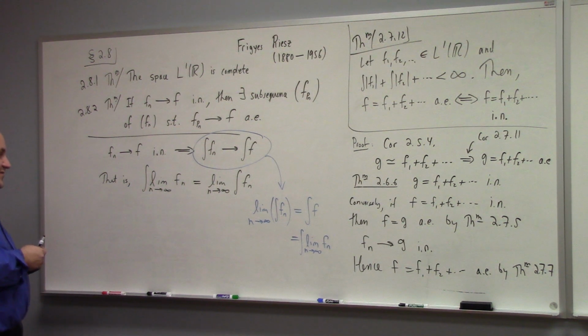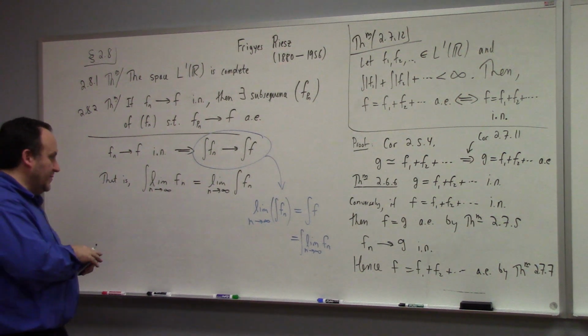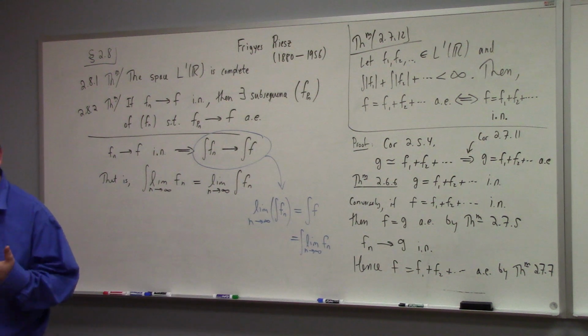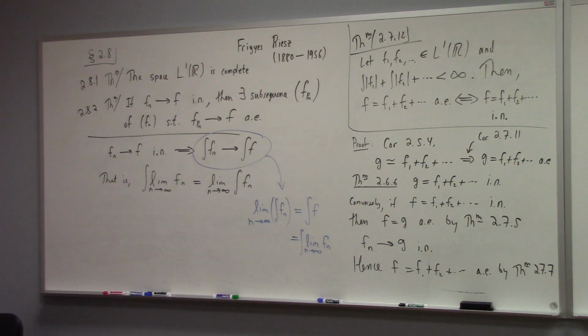Now, why convergence in norm implies that, I don't know if we've proved that yet. I can't remember. I know that uniform convergence of a sequence of functions allows you to exchange the order of the limit and the order of the integral, whereas pointwise convergence does not.